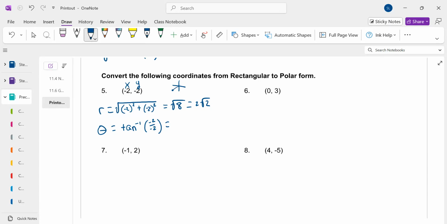So I need the 45-degree reference angle down in quadrant 3, which is going to be 180 plus 45. That's 225 degrees. Let's go ahead and put these in degrees since I didn't tell you which one to do. So 2 root 2, or I guess you could leave it as square root of 8, comma 225 degrees.